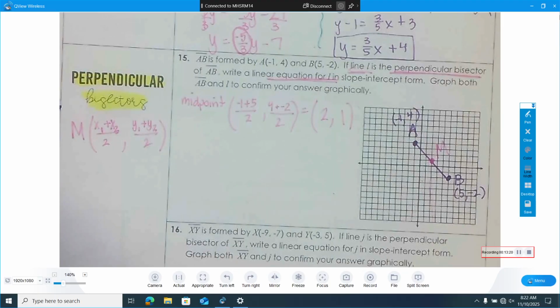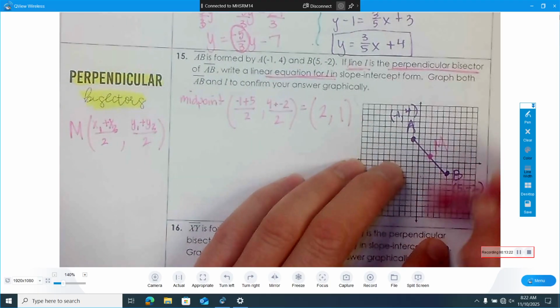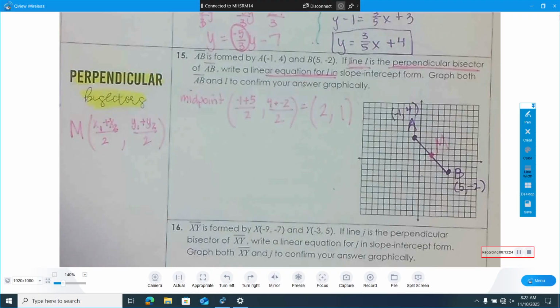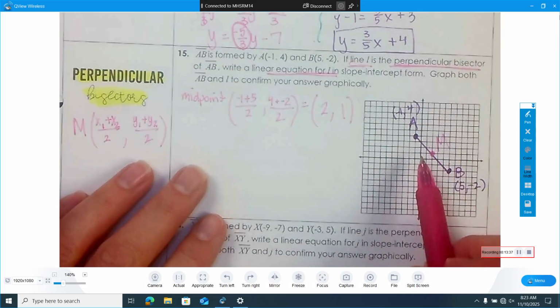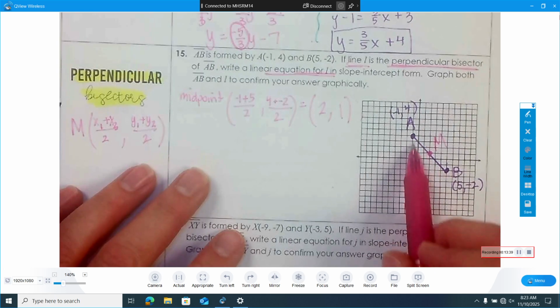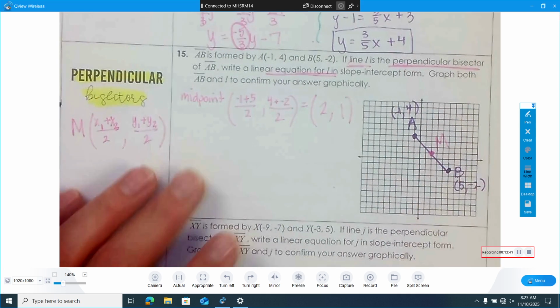Pretty close. Something with reciprocals. We will need that. Reciprocal of what? -3 over 3, which is -1. So is -3 over 3 the slope of line AB? No.